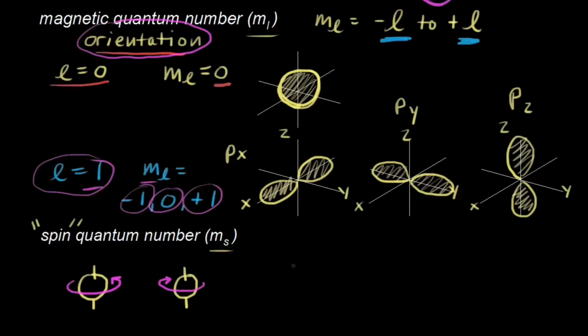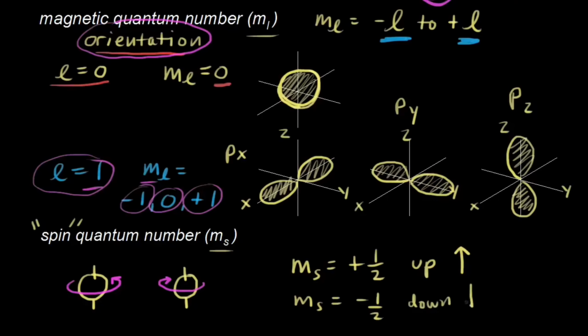So you could spin one way, so we could say the spin quantum number is equal to positive 1/2. Usually you hear that called spin up, and we'll symbolize this with an arrow going up in later videos. And then the other possible value for the spin quantum number is negative 1/2. You usually hear that referred to as spin down, and you could put an arrow going down.